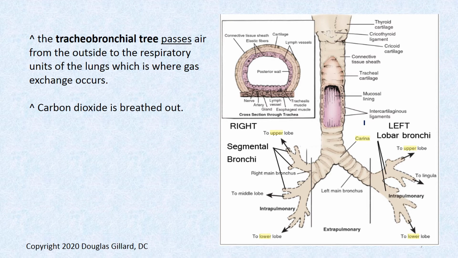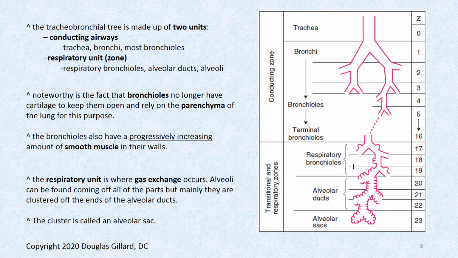Tracheobronchial tree, an important concept. I think we know the trachea is straight and it branches off into about 23 branches. And the first 16 branches are considered the conducting airway, the conducting zone.